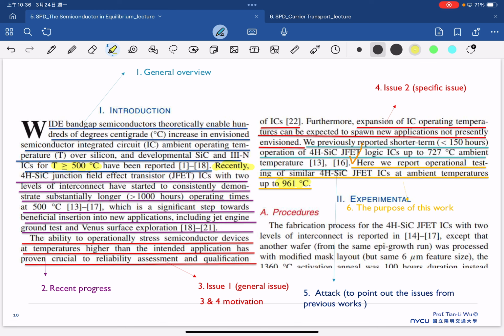If you don't have time, just reading the last sentence is enough to help you decide whether this literature is something you need to read or not. The rest is just a general overview of the past and some general issues. So this is a very simple, straightforward style to write an academic paper, but it's very useful.